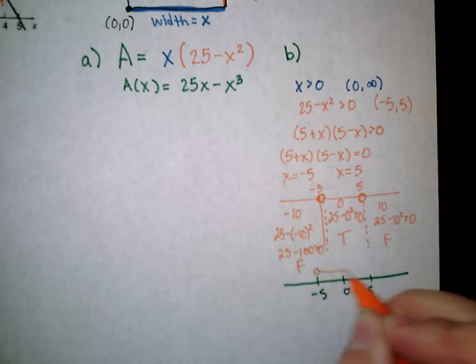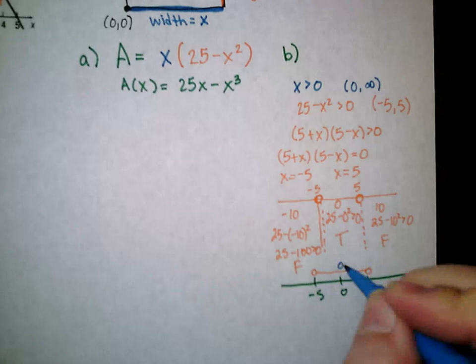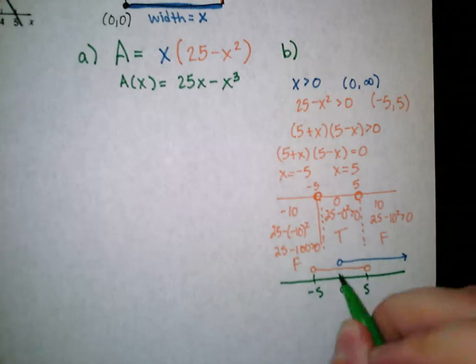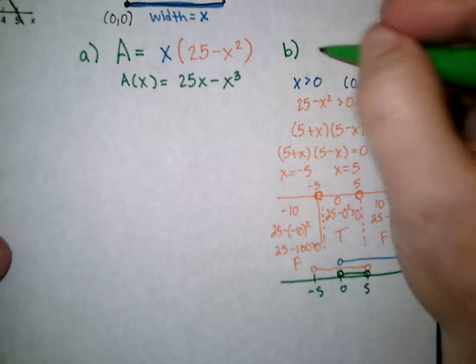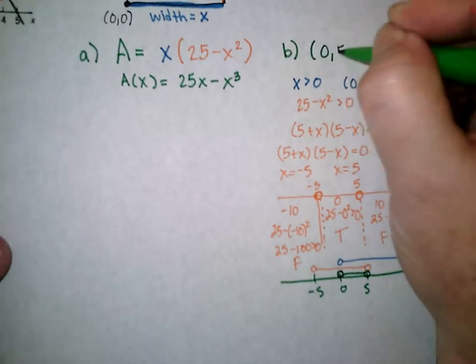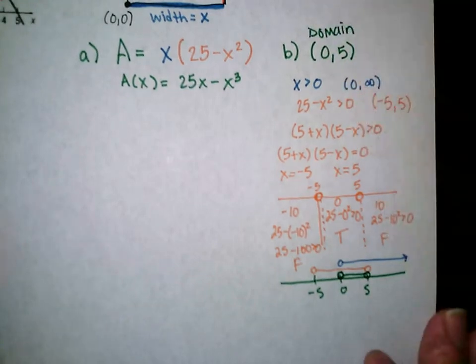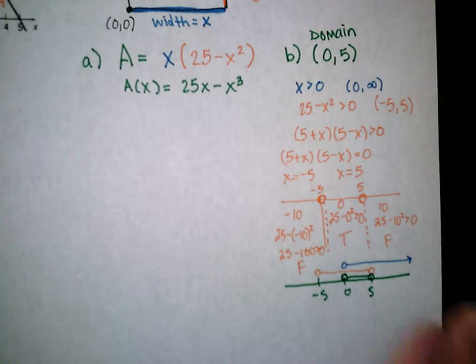So from here to here on the orange one, from here to infinity on the blue one, since I can only have the overlap for my answer, I would have to go open circle here, over to open circle here. So my domain is going to be from 0 to 5, so that my area won't be negative. And we will actually see that on our graph when we get to part C.